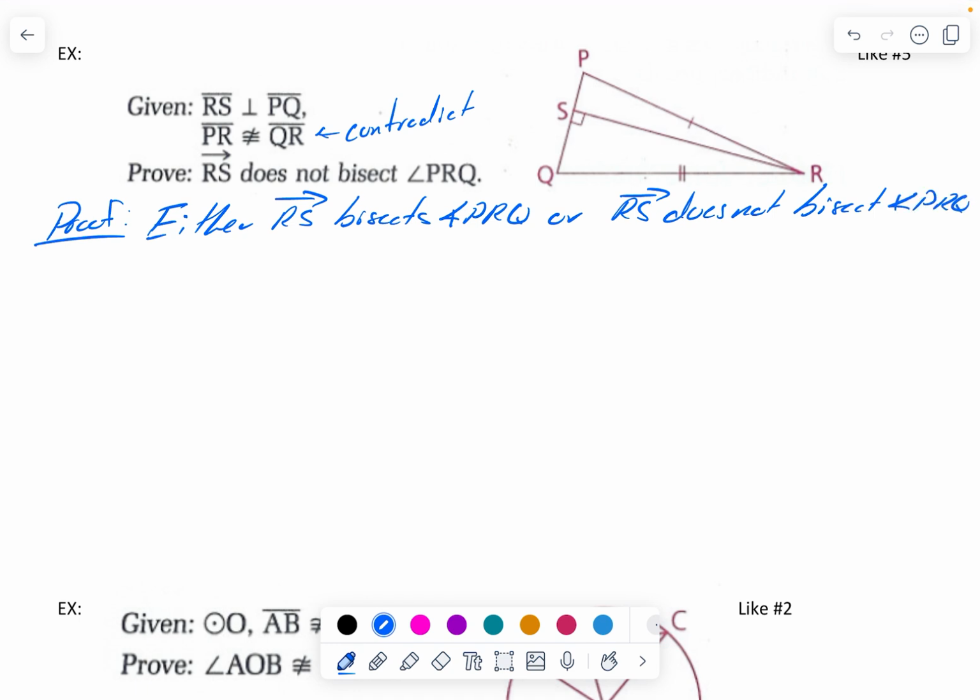Okay. We are going to assume the opposite of what we want to prove. So we're going to assume RS bisects angle PRQ. We have to write all of this down. You have to say either this or that is true. We're going to assume this. And then we go along with our proof.